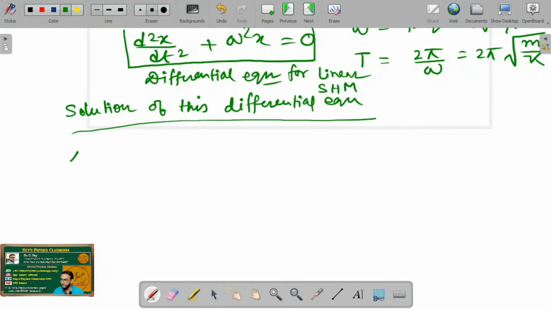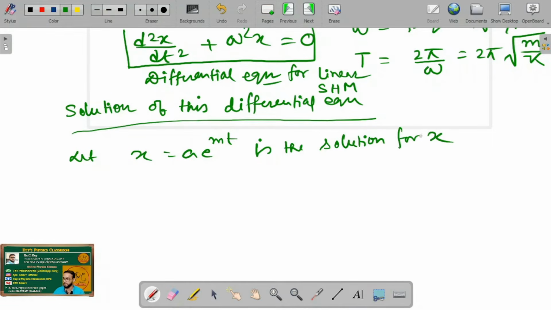For that, let us take x equals a e to the power m t as the solution for x.